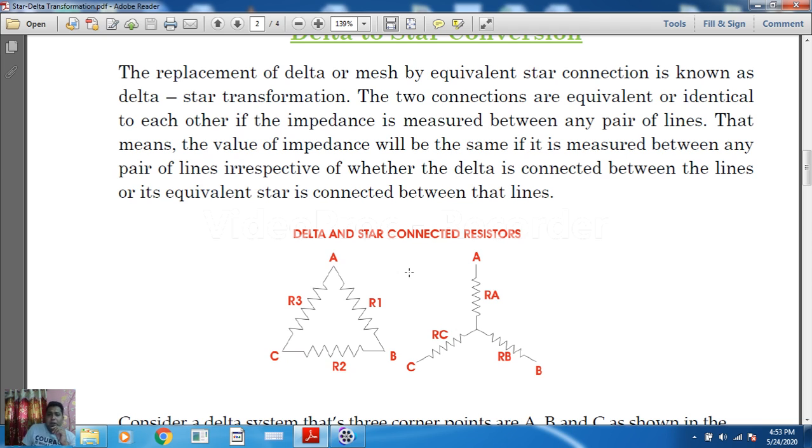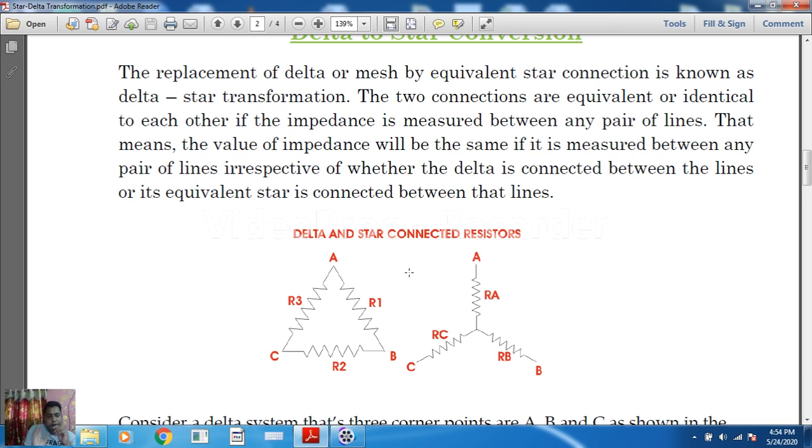Now if we want to convert from delta to star, that means when we have to convert a delta circuit into a star circuit, the delta circuit values will be given. That means R1, R2, and R3 values will be given, and we have to find out RA, RB, and RC.